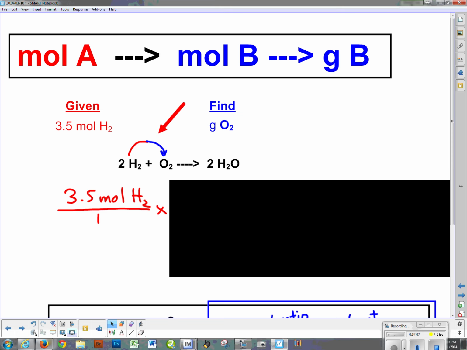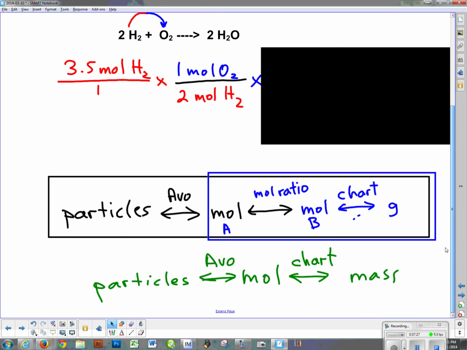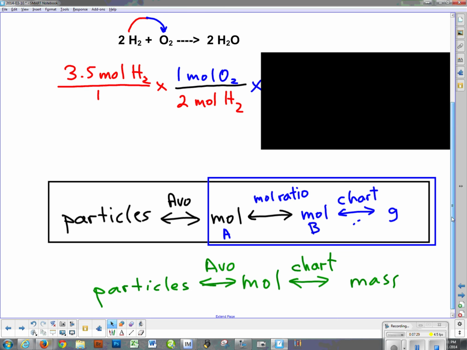And what's on top? Okay, and what's the number that goes with it? 1. Very good. And there we have it. Now, for this problem, we need to go back and look at what it is that we're doing in the big picture. This problem's a little bit different, isn't it?